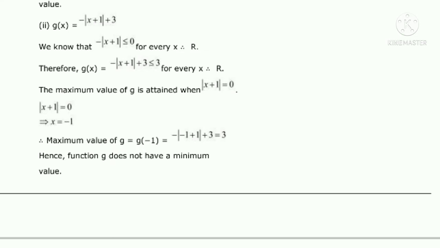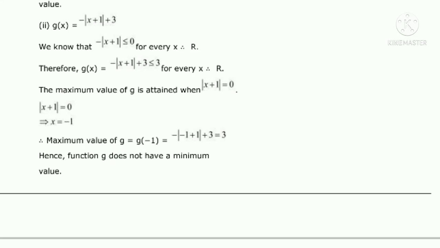In place of x, if we put -1, g(-1) = -|-1 + 1| + 3. After calculating, g(-1) equals 3. That means the maximum value is 3, but the function g does not have a minimum value because we can't predict what the minimum is.